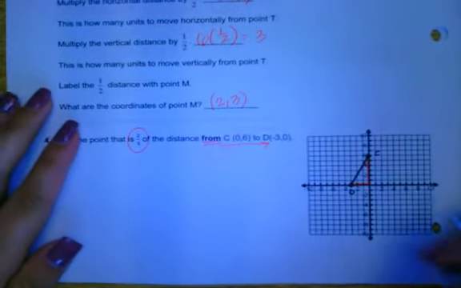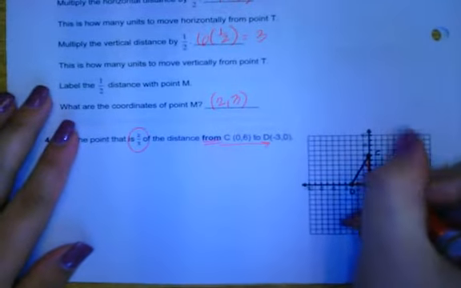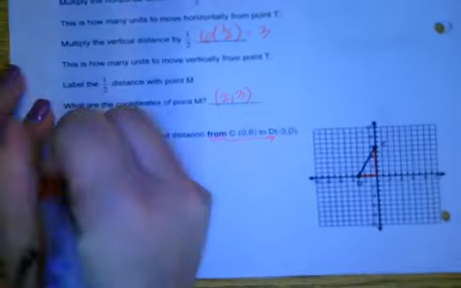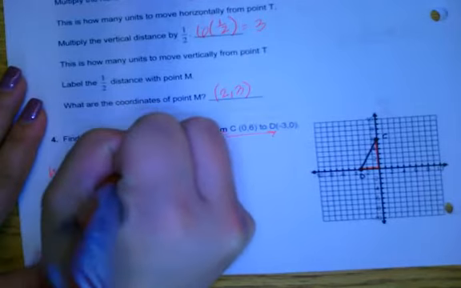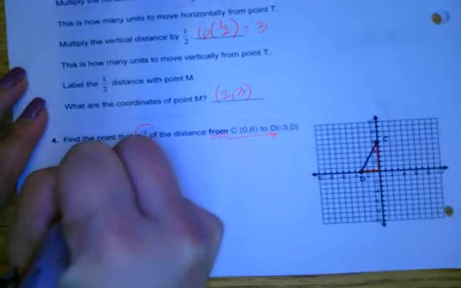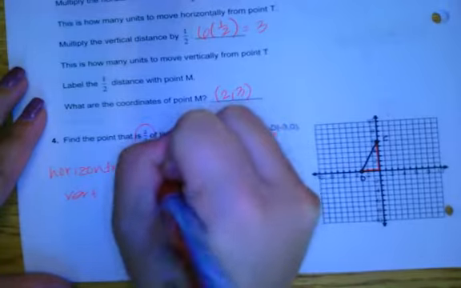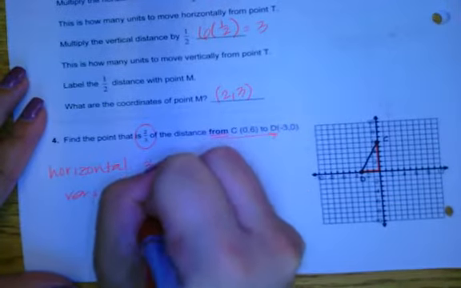Okay, what was your horizontal distance? 3. And your vertical? Okay, when you multiplied those by 2/3, what did you get?